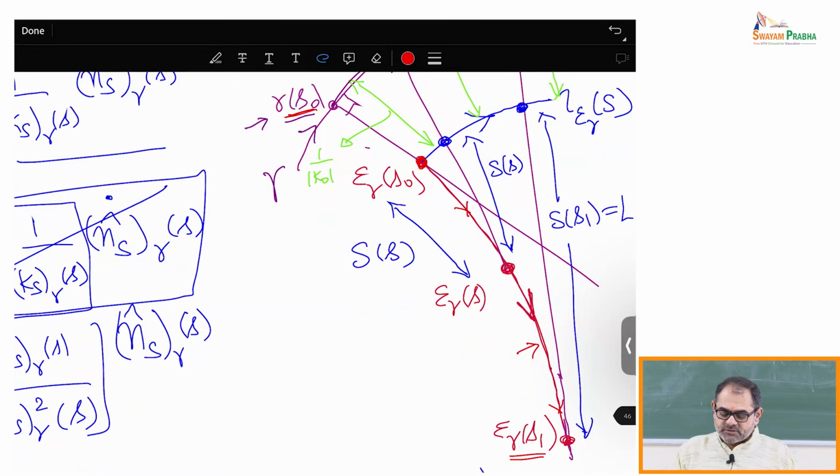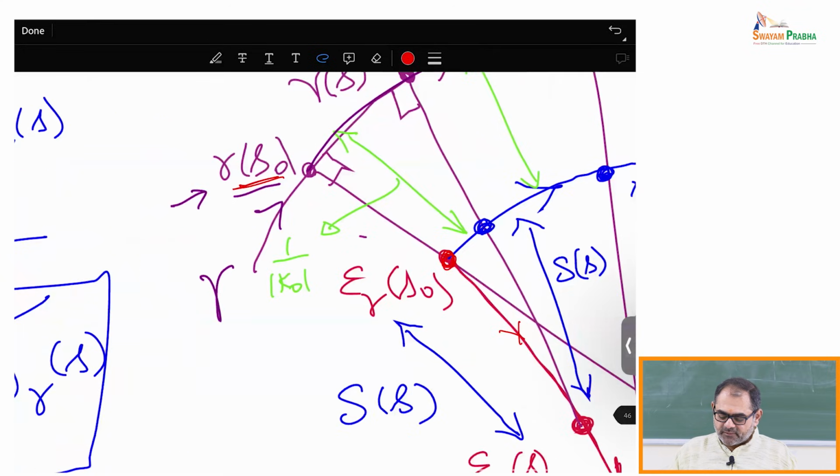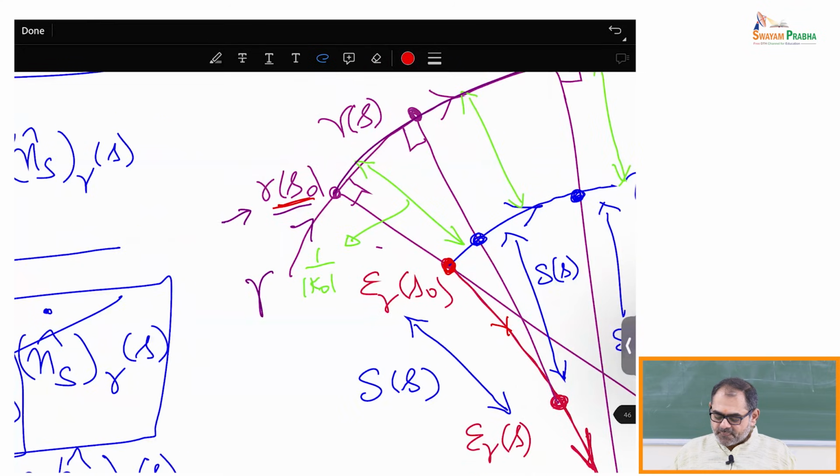And of course, you see the tangent to the evolute epsilon sub gamma at S0, at this point E gamma of S0, is this tangent line, and you see it is normal to this curve gamma.